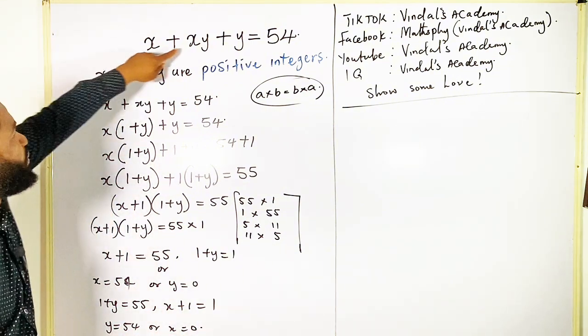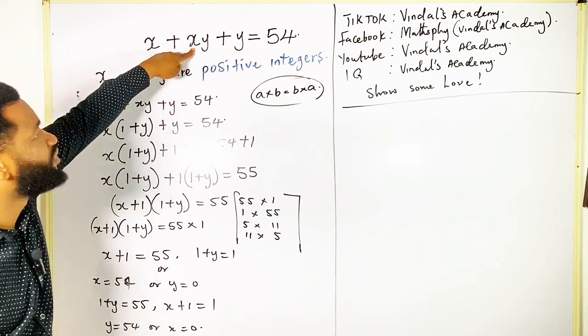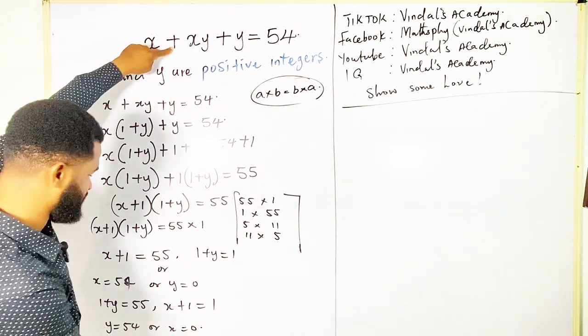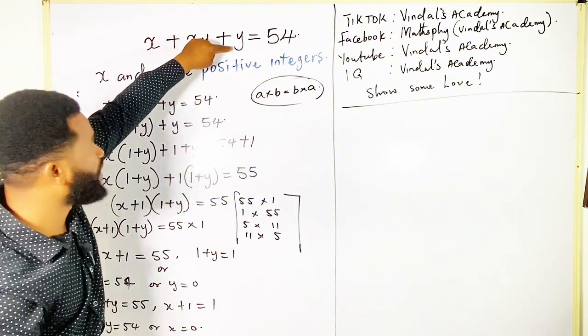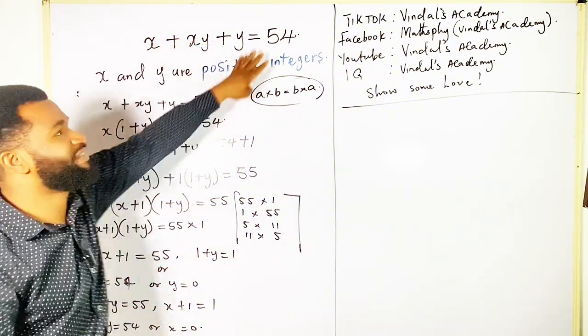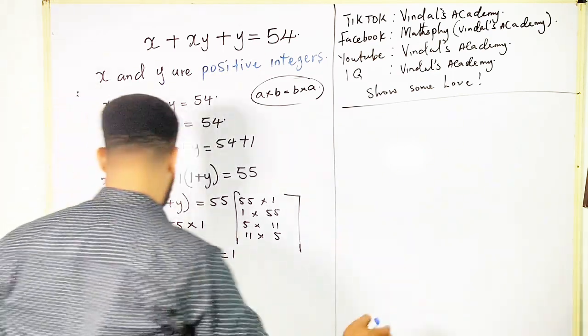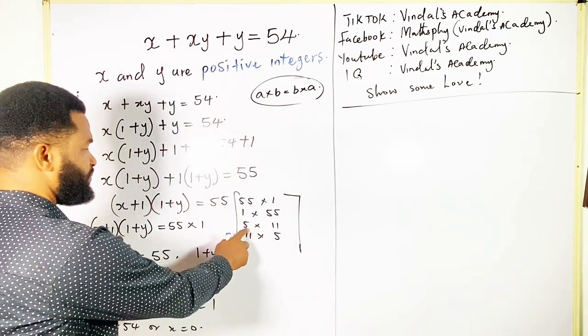So if I put 54 here, 54 times 0. Now this is going to be what? 0 plus 0. And y is going to be what? 54. The answer is true. Do you understand that?